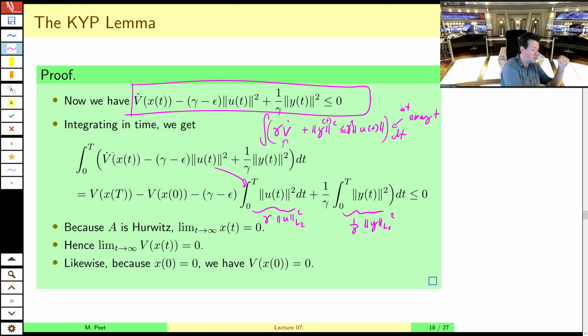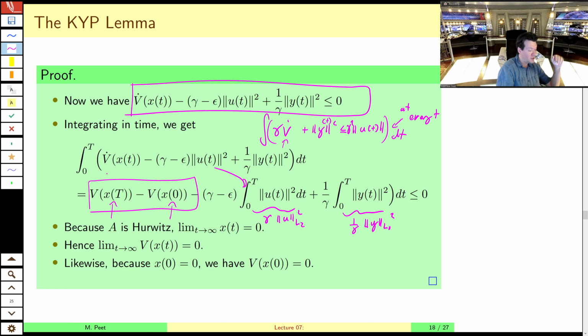And then this term here, you integrate a derivative of something. Fundamental theorem of calculus: we take the values at the endpoints, the final value minus the initial value. Now t is going to infinity, however, of course.